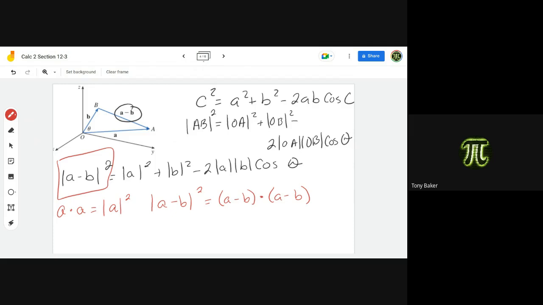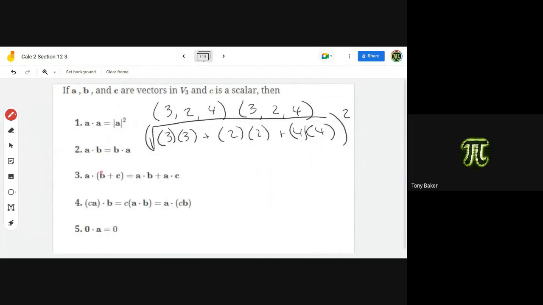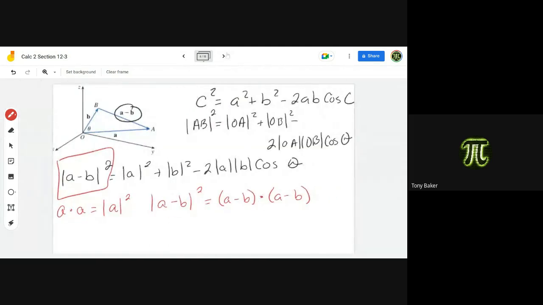We also saw a property that said we could do the distribution too, right? So we can do that distribution. So I have A squared minus 2A dot B plus B squared.